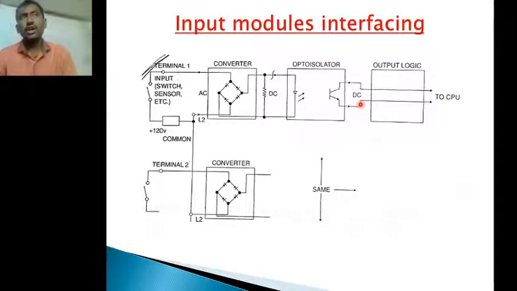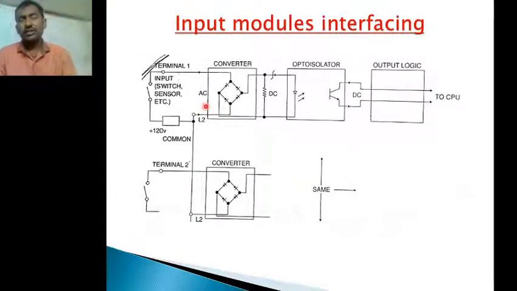The first one is the input devices stage. Here we have many terminals, and for each terminal, whether we connect an input device or not. If you connect the input device, that is considered as one, or the on condition, and if no device is connected to the input terminal, that is considered off, meaning there is no use of that particular terminal.